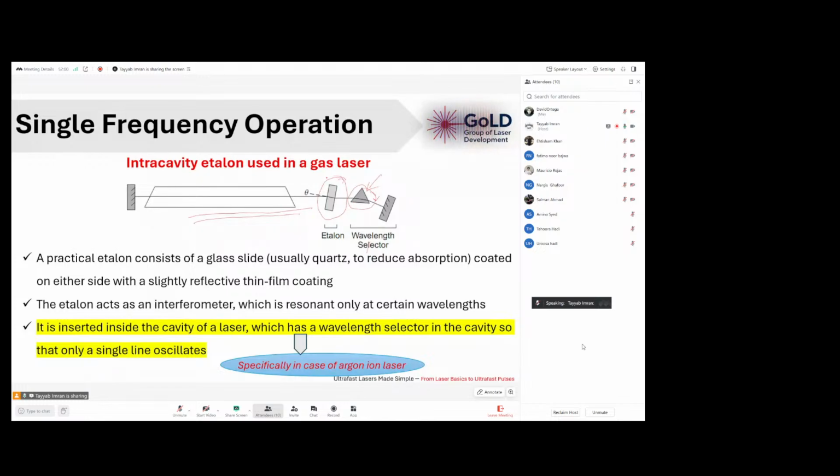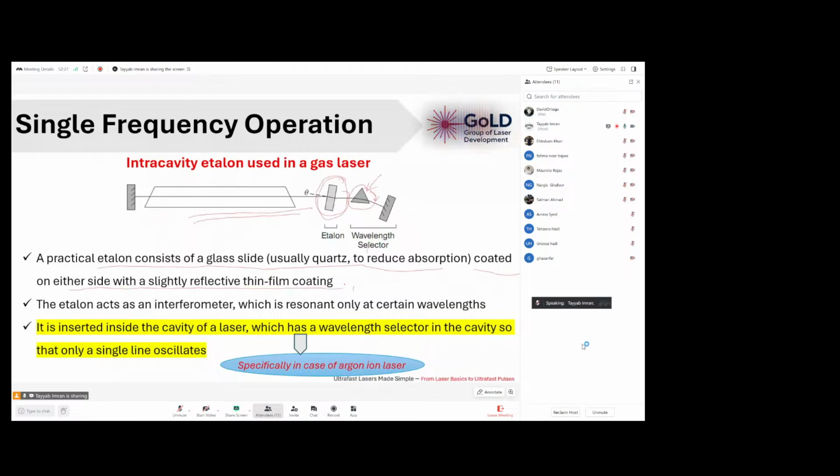Okay, and the etalon. Okay, so a few words about the etalon here. It consists of a glass slide, quartz, and it's coated with a certain material. Okay, and slightly reflecting from inside, but not 100%.